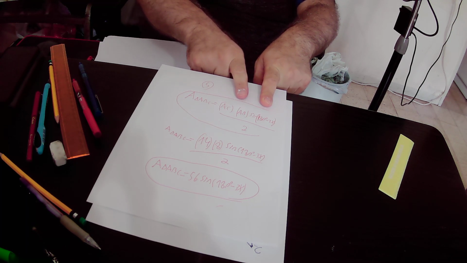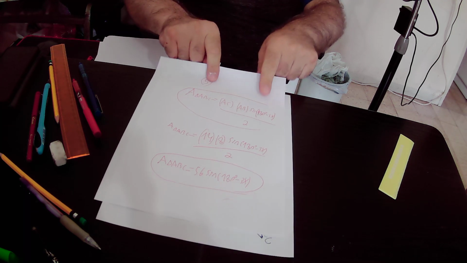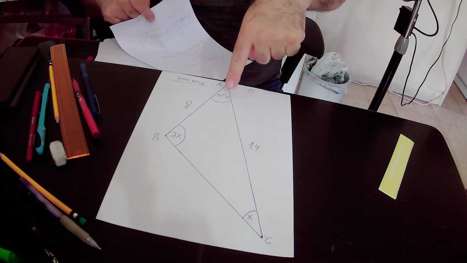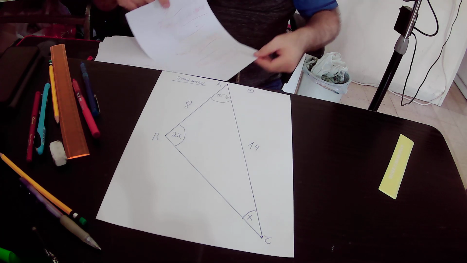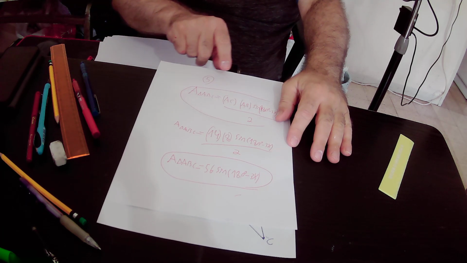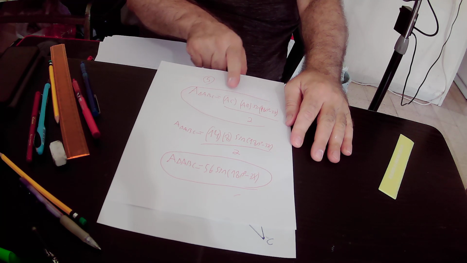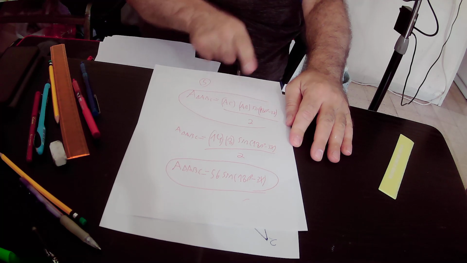So it is AC times AB times sine of the angle between side AC and side AB, that is 180 degrees minus 3x, over 2.